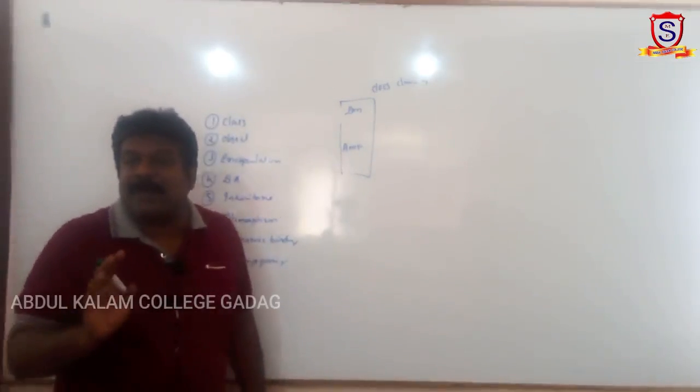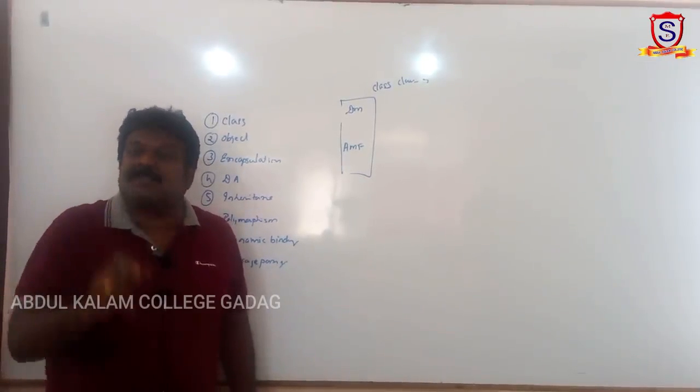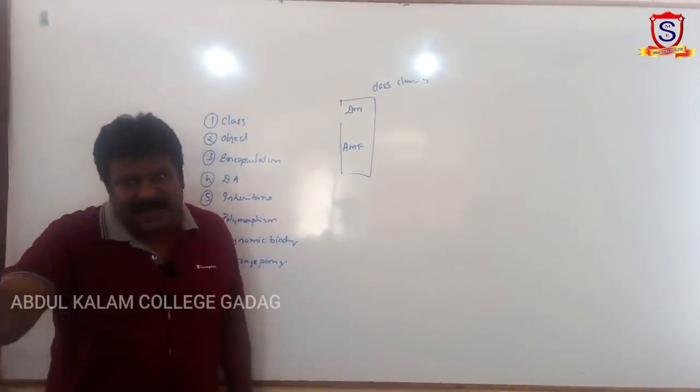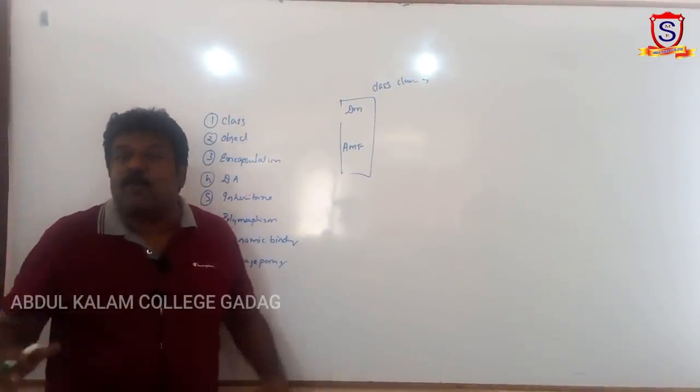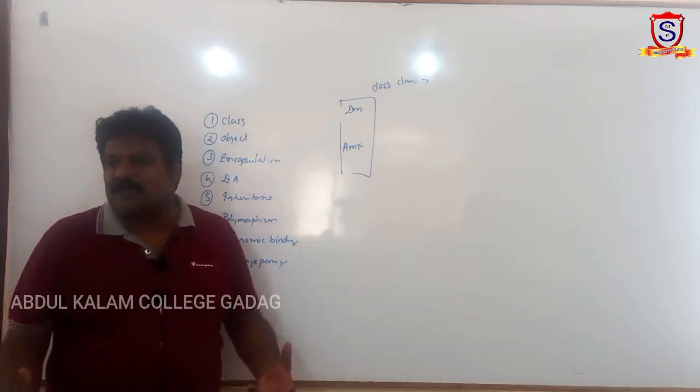Okay, so what do you mean by class? Class is a user defined data type constructed by making use of basic data types, where we are going to bundle data members and associated member functions.